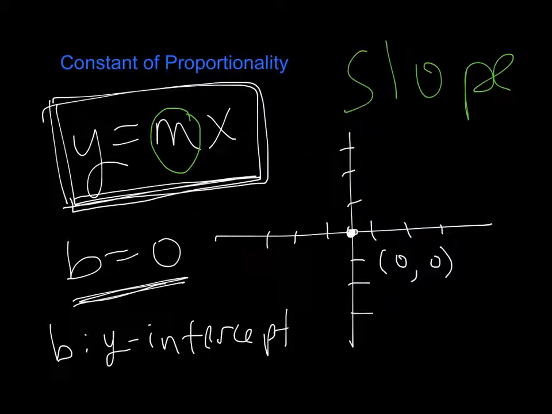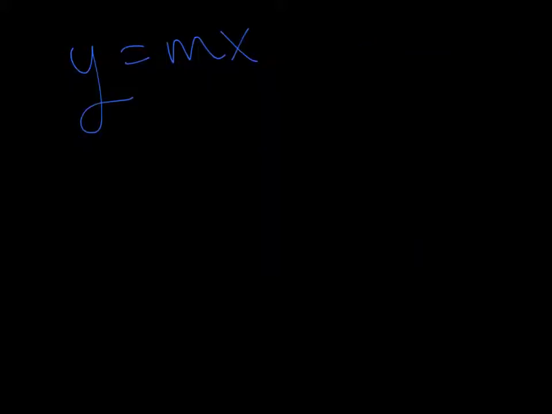So let's look at this y equals mx a little bit more closely. In this case, m is my constant of proportionality, okay? And because I only have m, that is the only thing that x is being multiplied by and y is not being multiplied by anything, x and y are considered to be in direct variation of one another because their only difference is m, right? y is equal to x times m.